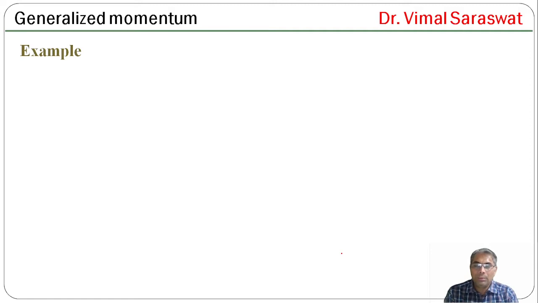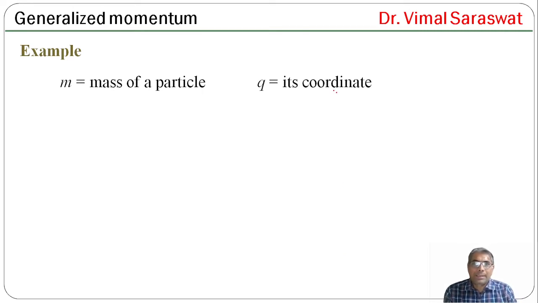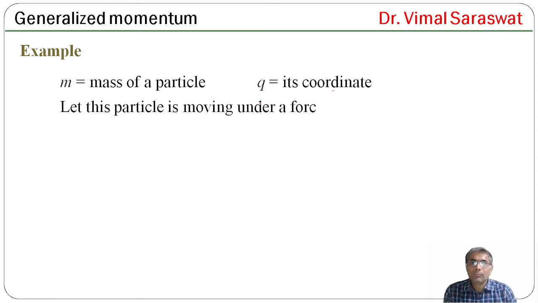Now we take an example. Let m be the mass of a particle and q its coordinate. Let this particle be moving under a force F equals minus del V, where V is the potential energy.